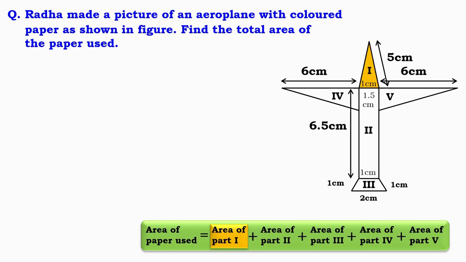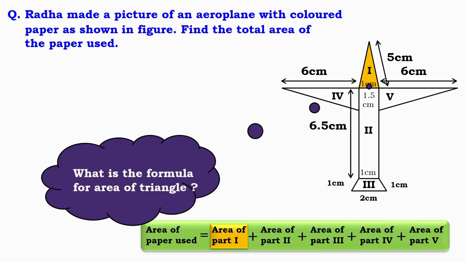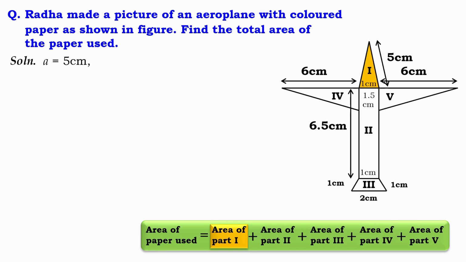Now area of part 1. What is the formula for the area of a triangle, because part 1 is a triangle? That is square root of s into s minus a into s minus b into s minus c. Now here a is 5 centimeter, b is also 5 centimeter because it is an isosceles triangle.